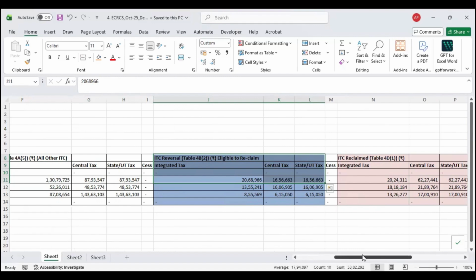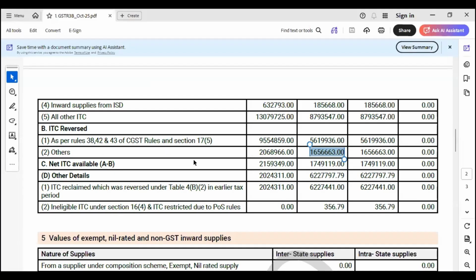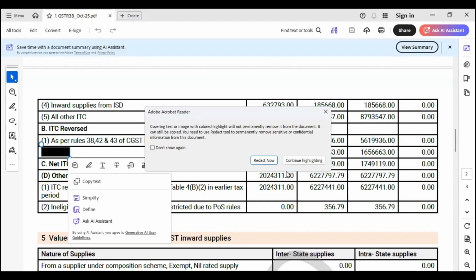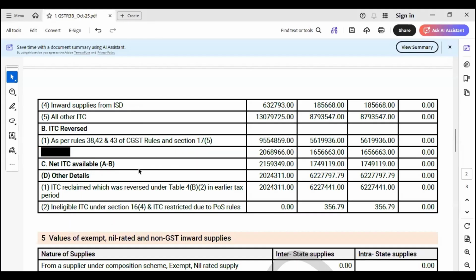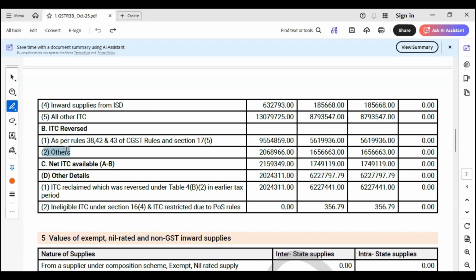Now 4D1. This is where it was updated. Let's check the 4D1. Please keep in mind this 4B2 is a manual data entry. 4B2 is what I'm going to enter manually.